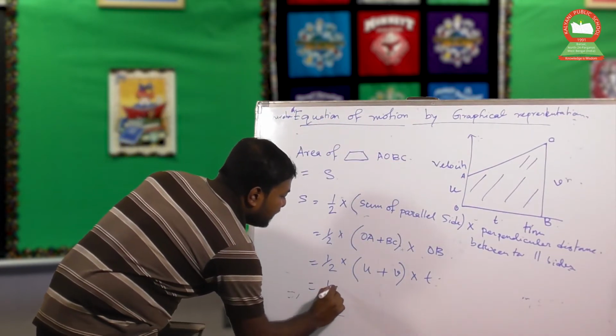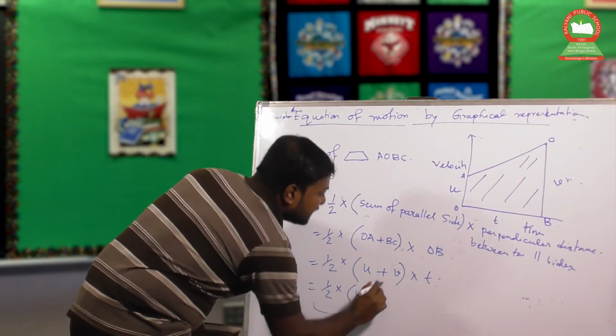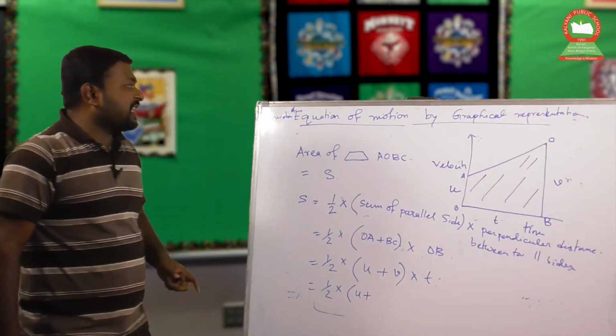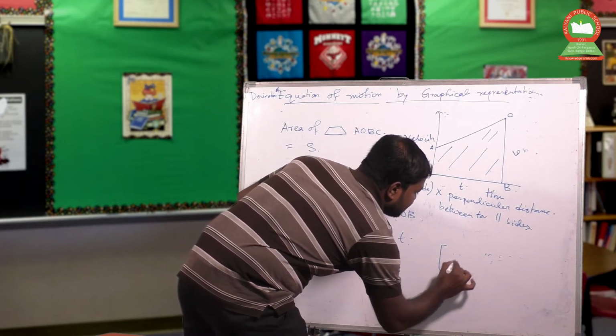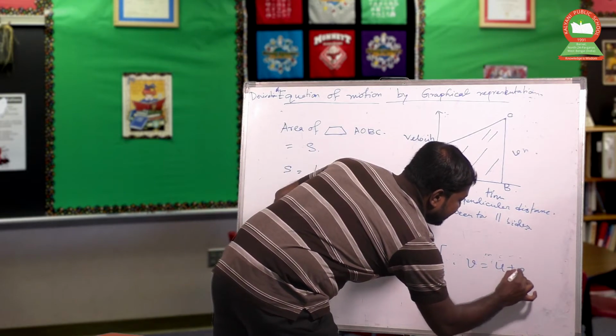So half into U plus V. Now from the previous equation derivation we know that V is nothing but U plus AT.